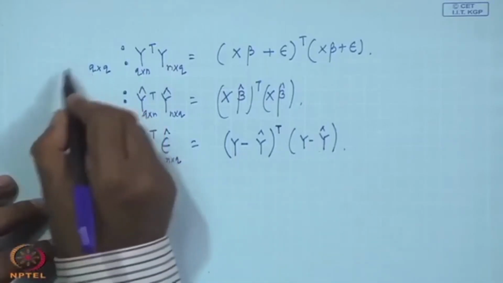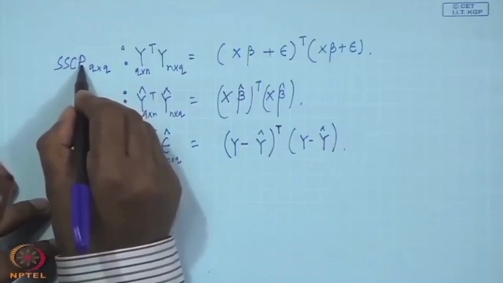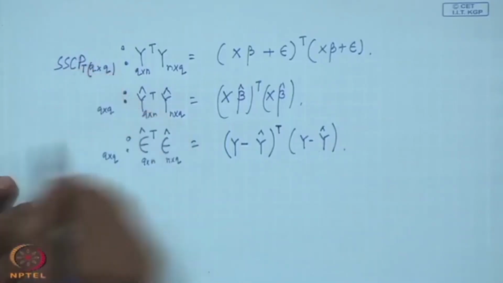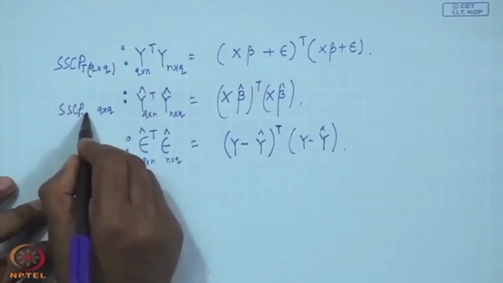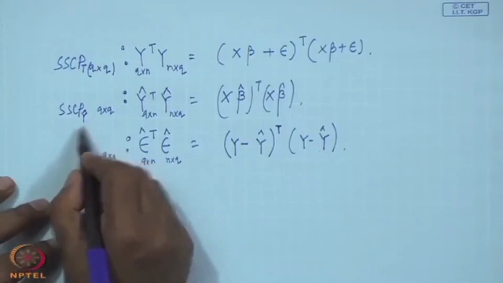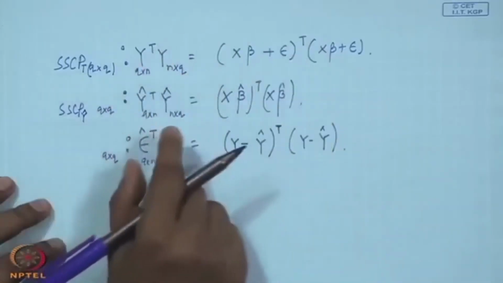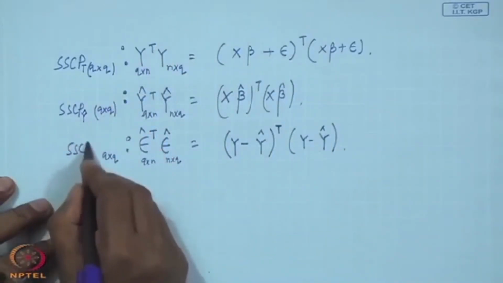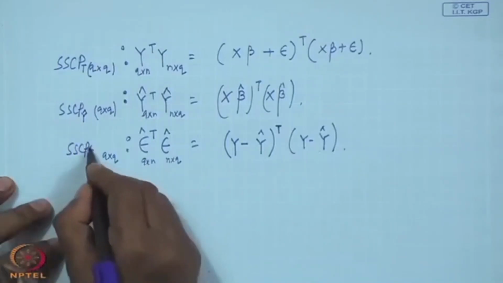So, if I say this is my SSCP total, which is a q cross q matrix, this is my SSCP y cap, that is basically the regression point of view, how much we are getting. This is also equivalent, if I write it like this, epsilon cap.